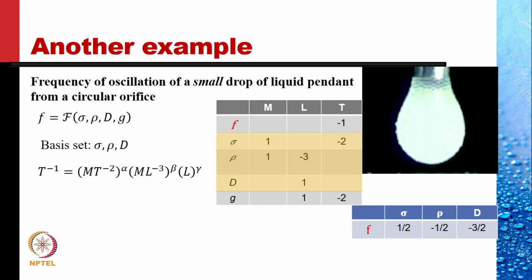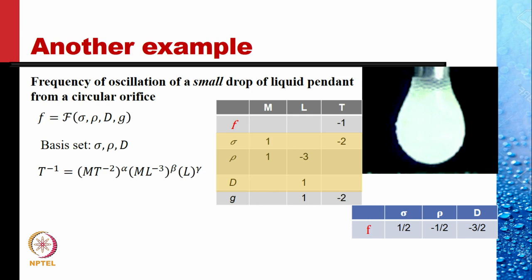From this, we can find out the value of alpha is 1/2, value of beta is minus 1/2, and value of gamma is minus 3 by 2. So f is sigma raised to power half, rho raised to power minus 1/2, and d raised to power minus 3 by 2 in dimensions.